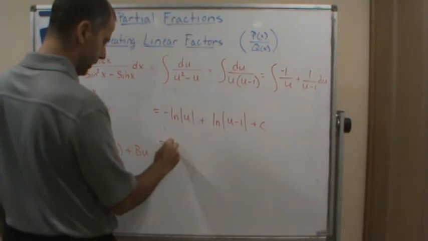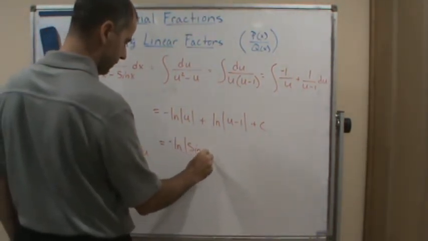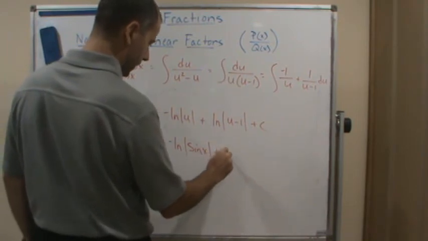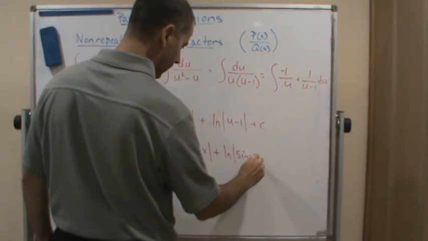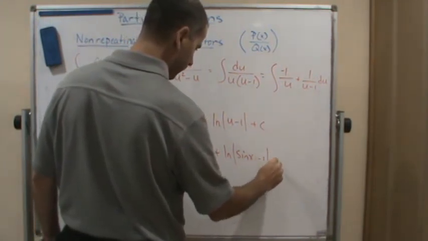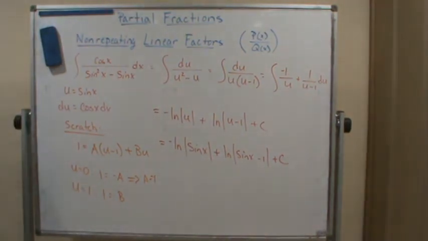And so we get our final answer, which is negative natural log of the absolute value of sine x plus the natural log of the absolute value of sine x minus 1 plus c. And that's your final answer.